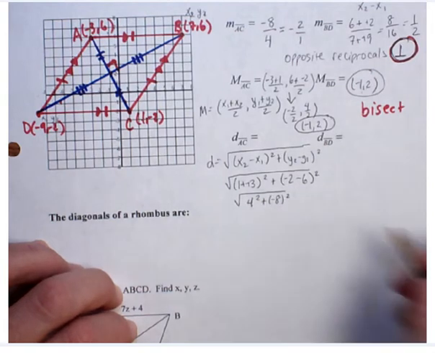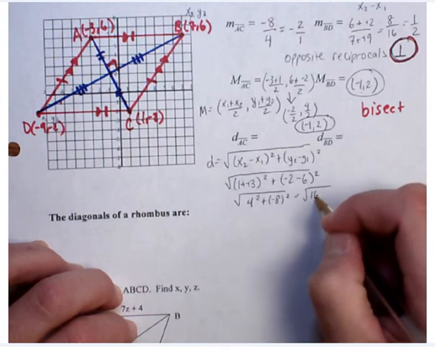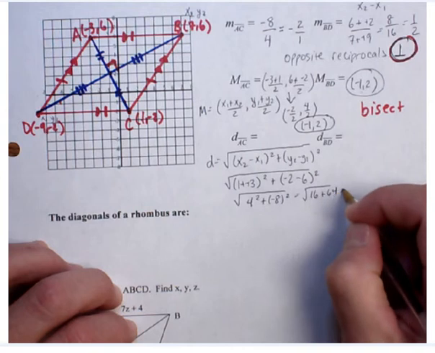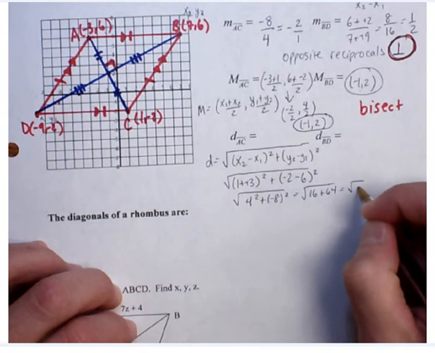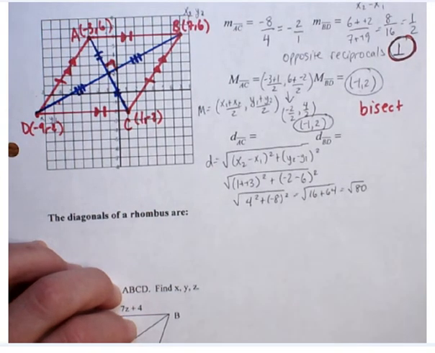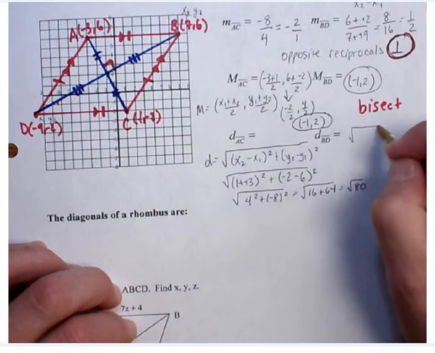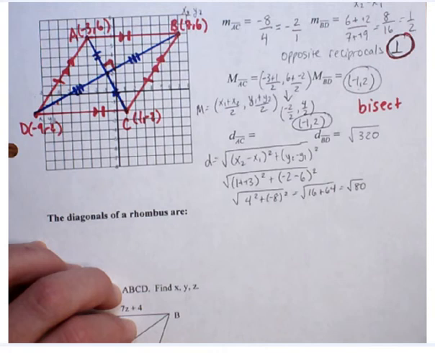When you square this, you get 16. A negative times a negative is always positive, so that's positive 64, you get square root of 80. If you do the distance for the other diagonal, BD, you get the square root of 320. Now those are definitely not congruent.